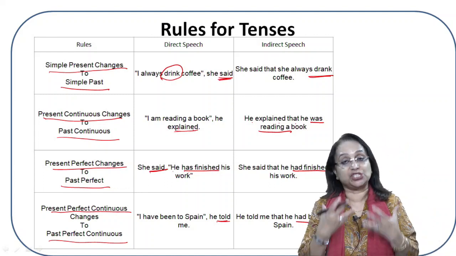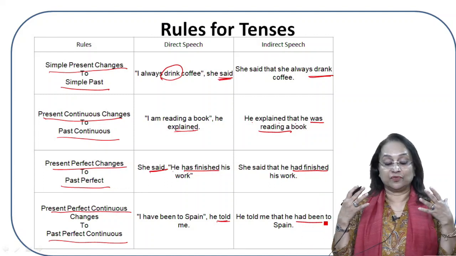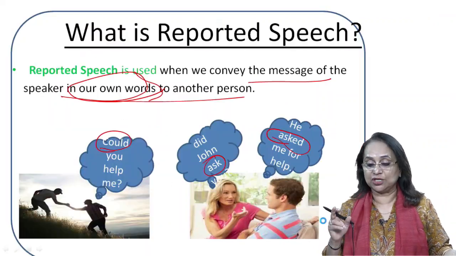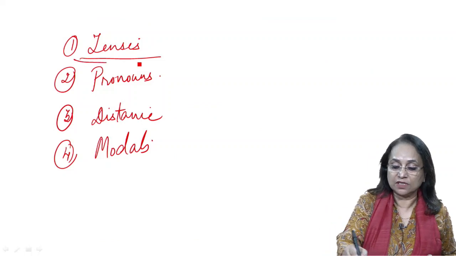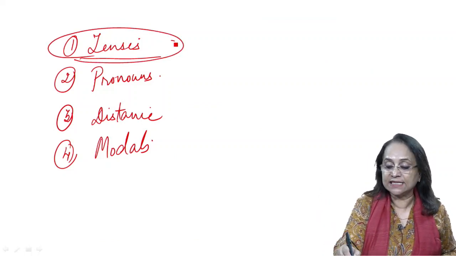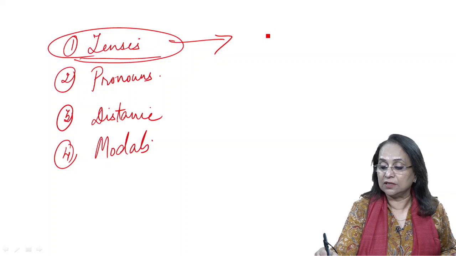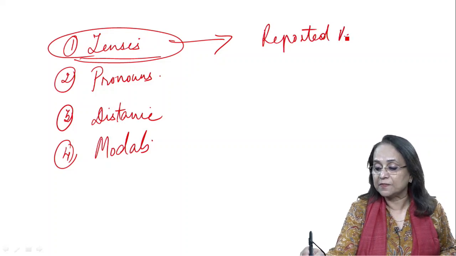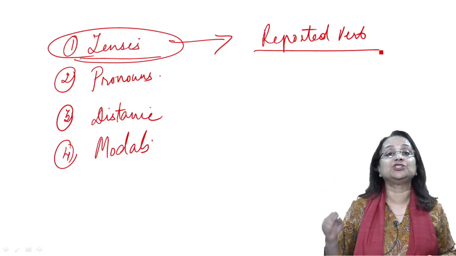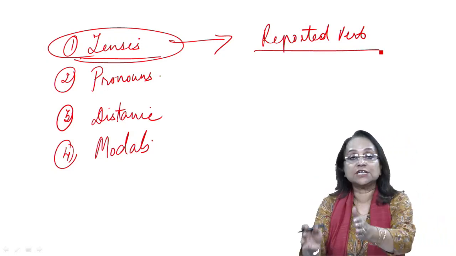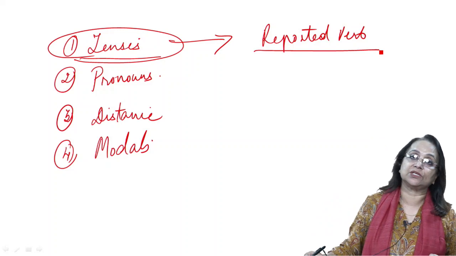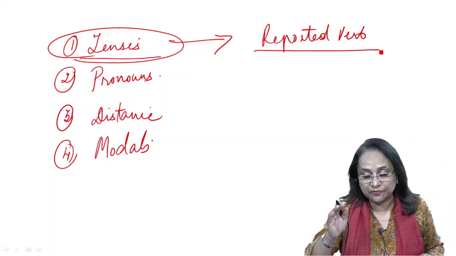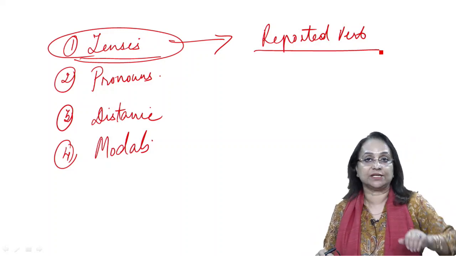So that was how the tenses change. We have to remember that the main thing that changes is what? Tenses. And this is governed by what? The reported verb. That should be our focus. If the reported verb is in simple present or future tense, then there is no change.